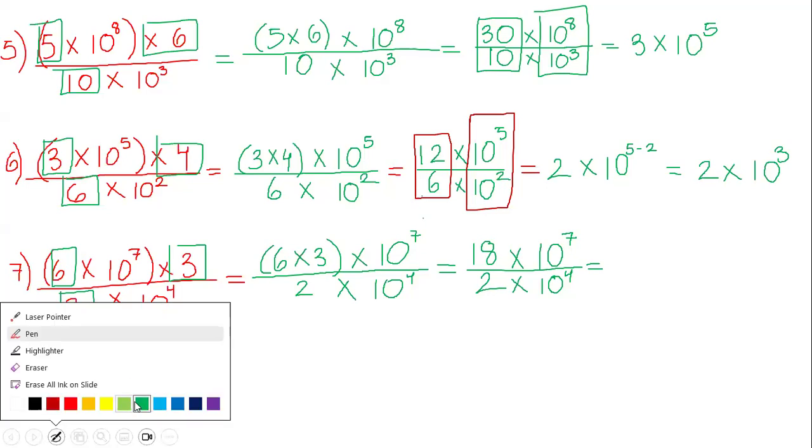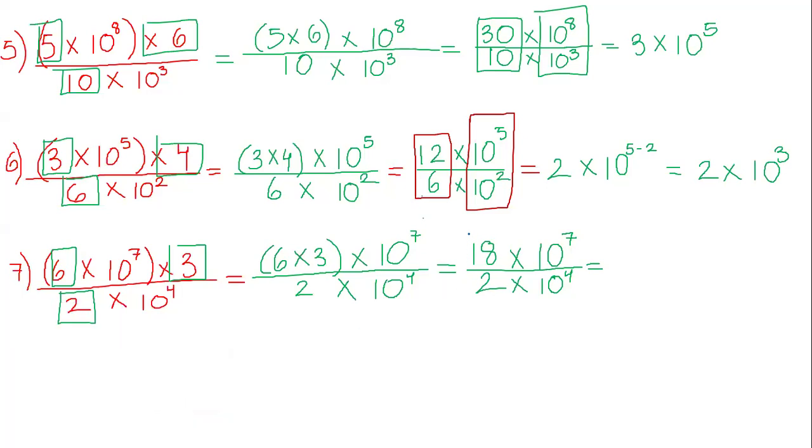We're going to divide. So we have 18 divided by 2, and then 10 to the 7 divided by 10 to the 4. So 18 divided by 2 gives us 9.